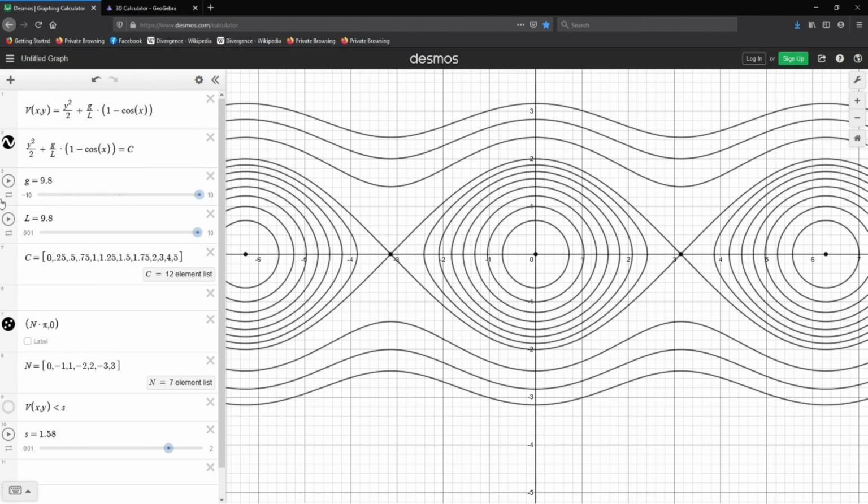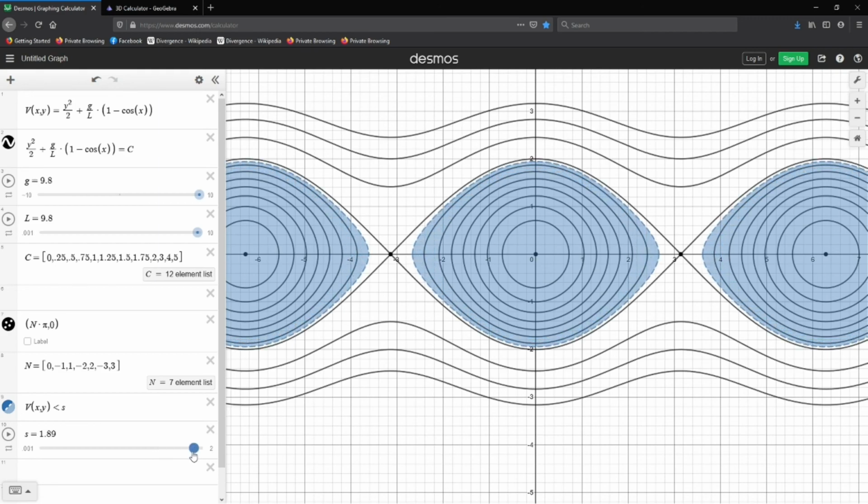So if we look at the regions where V of x, y is less than c, these regions correspond exactly to the regions surrounding all of the stable critical points. And for this example, we can bring c all the way up to 2, for the separatrix of these level curves.